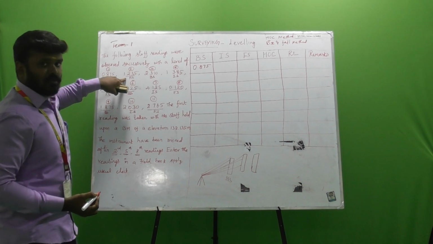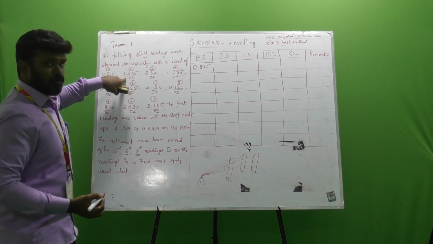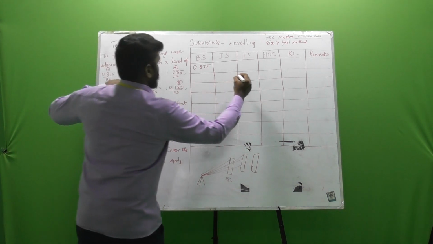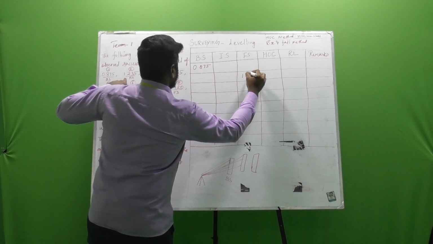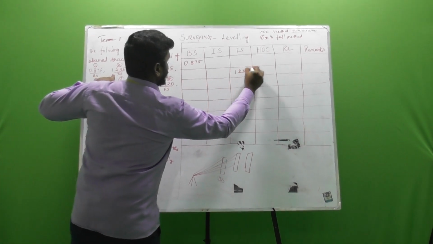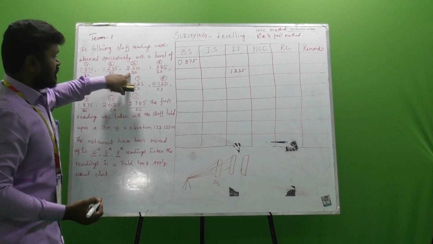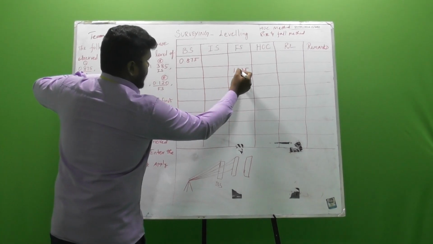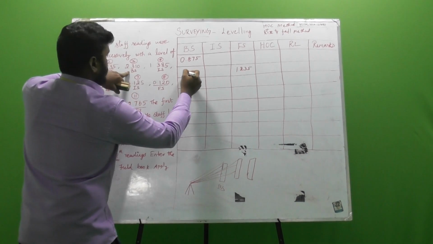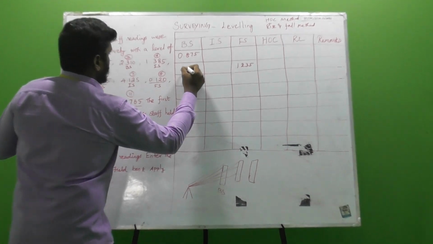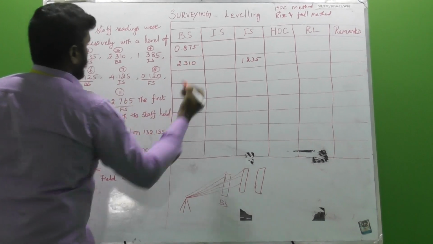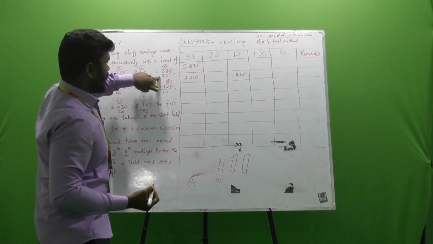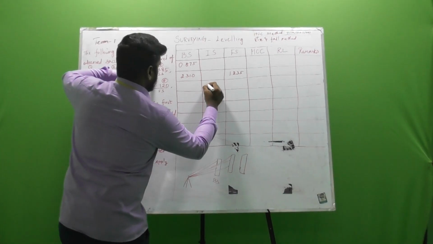So the last reading taken is the foresight value, which is 1.235, right? And again, the next value is the BS value. We enter the FS and, in the same row, the BS value, 2.310. Next, the intermediate value 1.385.